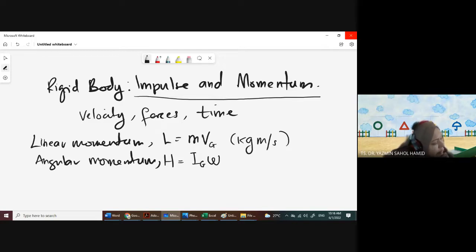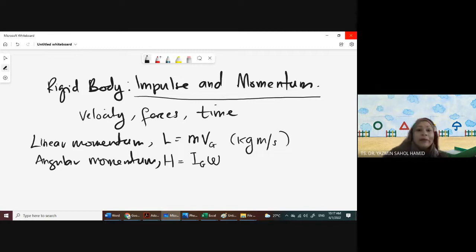This equation is a simplification which defines the moment of inertia of the mass with omega. So these are the two things that you need to know.